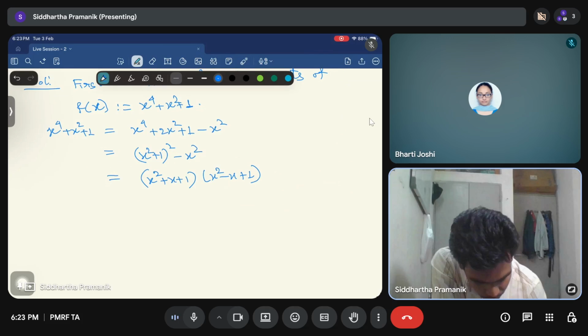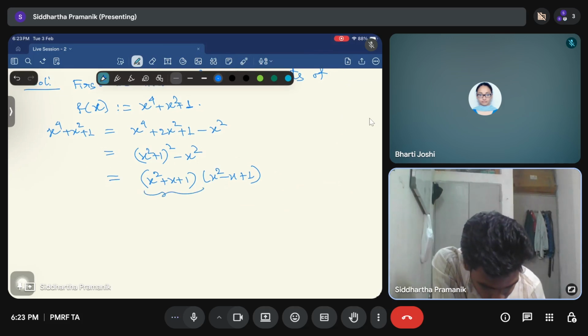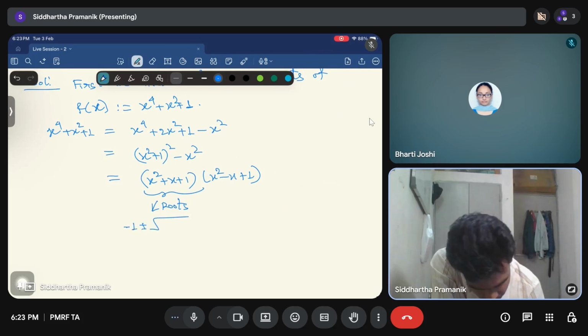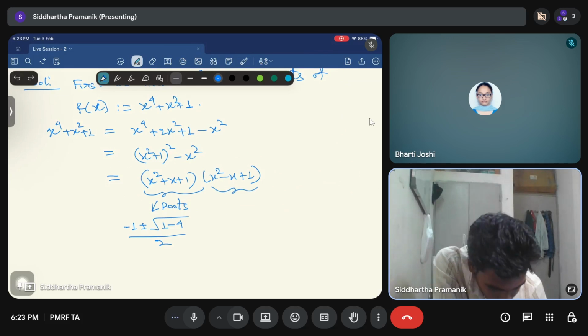What are the roots of the first part? They are (-1 ± sqrt(b^2 - 4ac))/2, and the roots of the second part are (1 ± sqrt(1 - 4))/2.